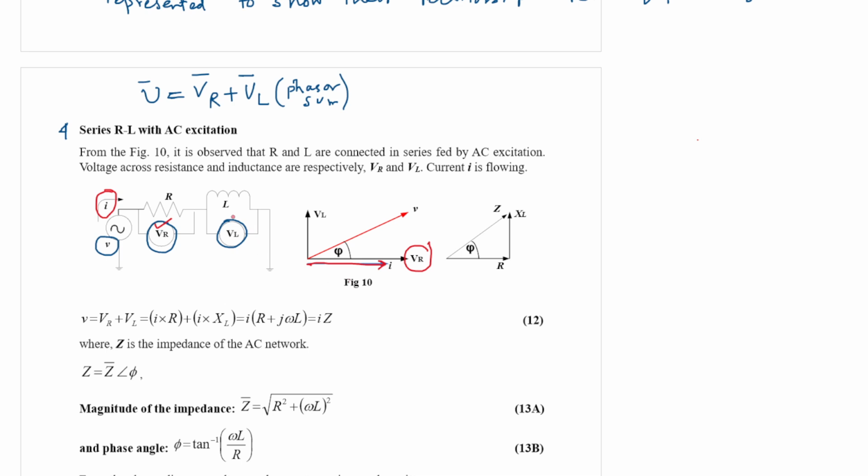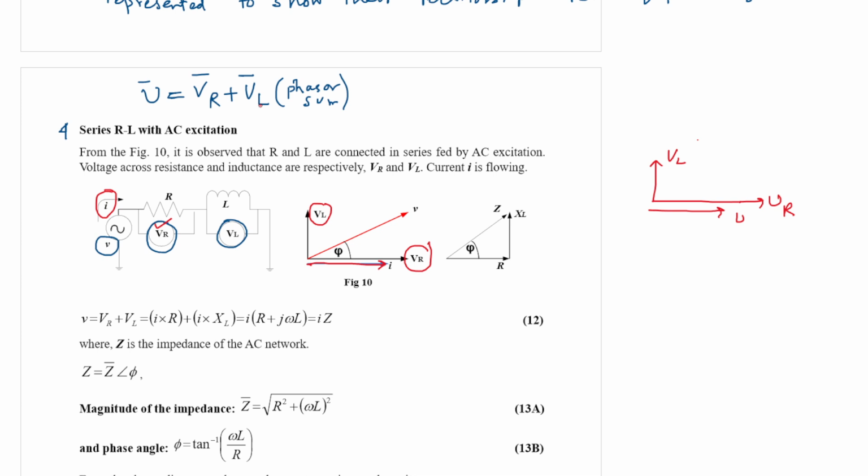Similarly, VL is the voltage drop across the inductor. The current flowing through the inductor must be lagging than VL. So if this is the current I, then this should be the direction of VL. So here it is I, here it should be VR, and here it should be VL. This should be the phasor diagram.